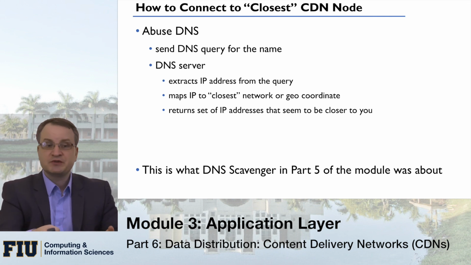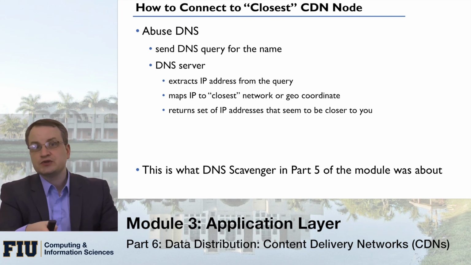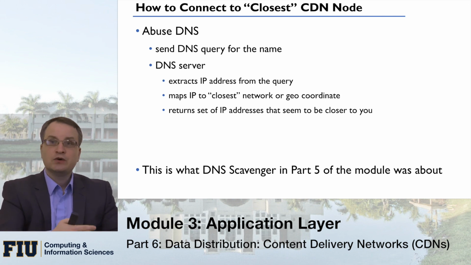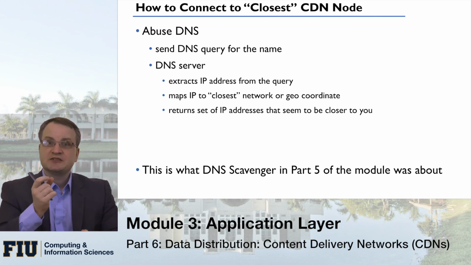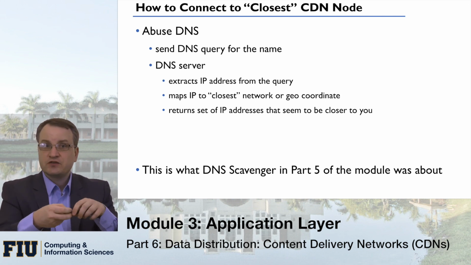You can get all of them, but you still have no clue whether those IP addresses are close to you, how well they work, and so forth, so you would have to do it manually. What a CDN system tries to do is give you a very small set of IP addresses that they think are close to you, are currently working, and will give you the best performance. For that purpose, there are several mechanisms, and one of them is DNS.